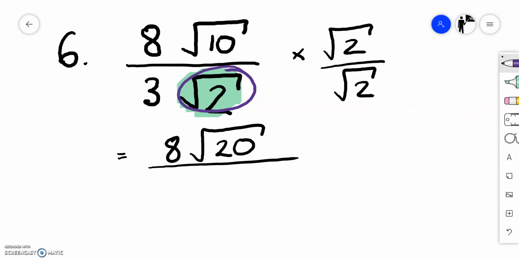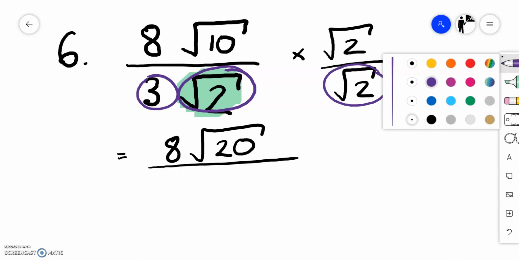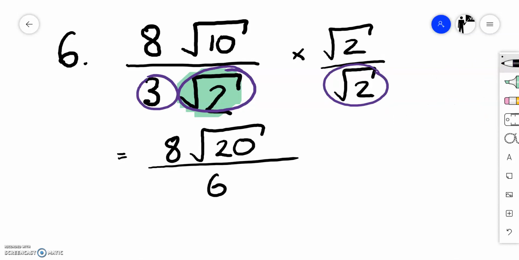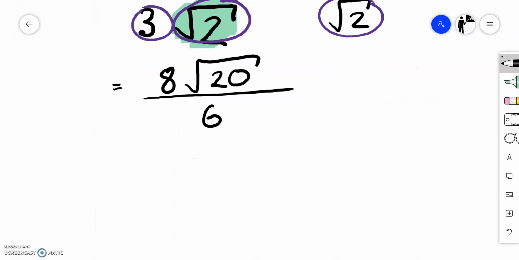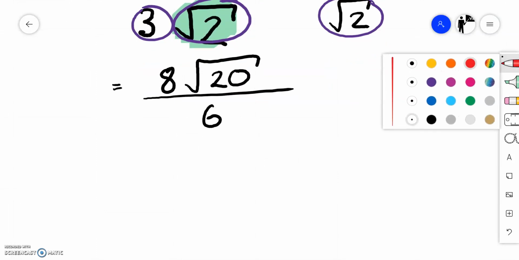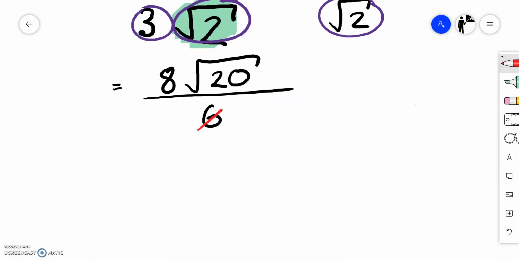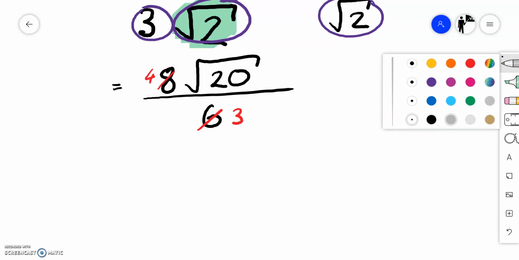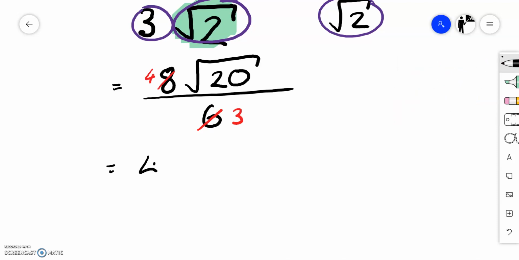Well, we've got root 2 multiplied by root 2. That's 2. I need to multiply that by 3. 2 3s are 6. Let's have a look at our numbers first. Let's simplify our 8 and our 6. 2 goes into that 3 times and into this 4 times. That's going to be 4 root 20 over 3.